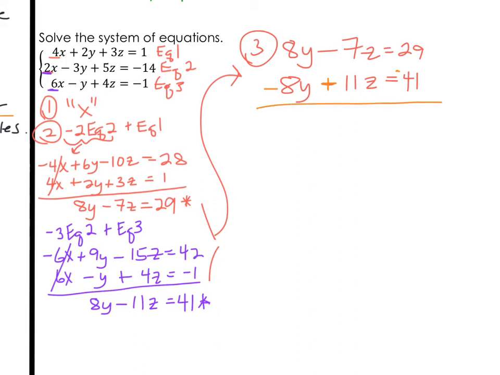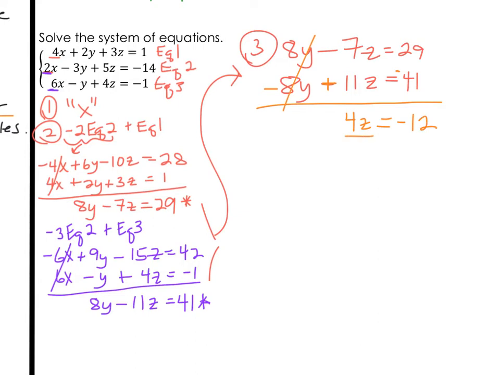So I just multiplied everything by -1. When I do that, the y's eliminate. Hopefully we have something decent left over to work with. -7z plus 11z gives us 4z. And then on the right, 29 minus 41, that gives us -12.